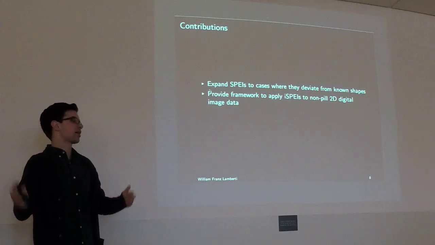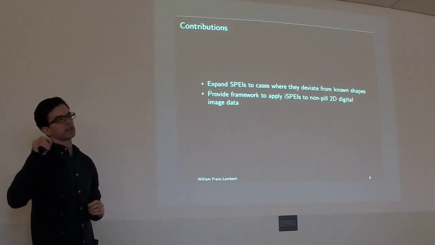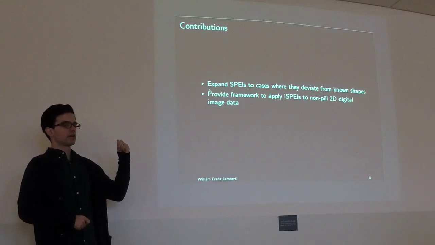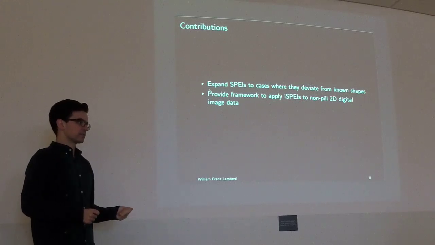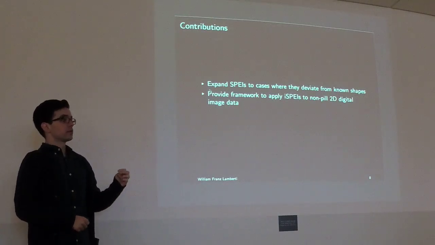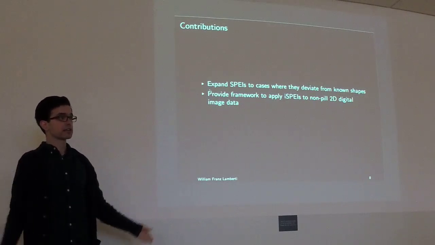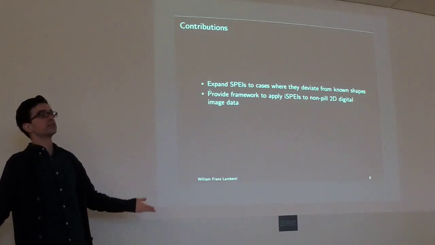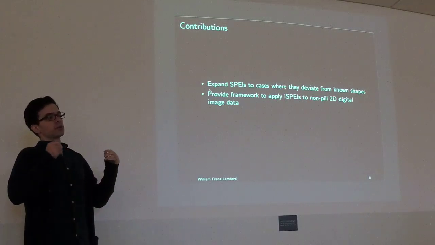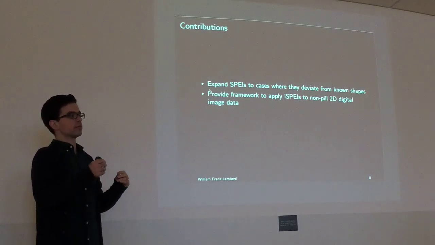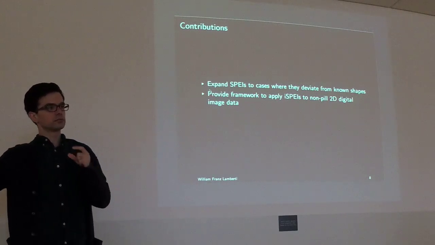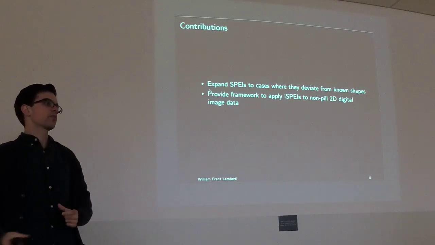Maybe a spiral galaxy: can I classify spiral galaxies from edge-on galaxies? Can I classify human action videos, which are not polygonal? Someone doing a jumping jack does not look like any traditional polygonal shape. So my second contribution is to provide a framework that I can then try to apply to other image classification problems.